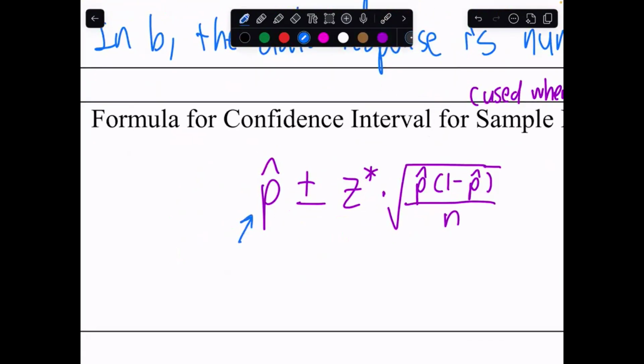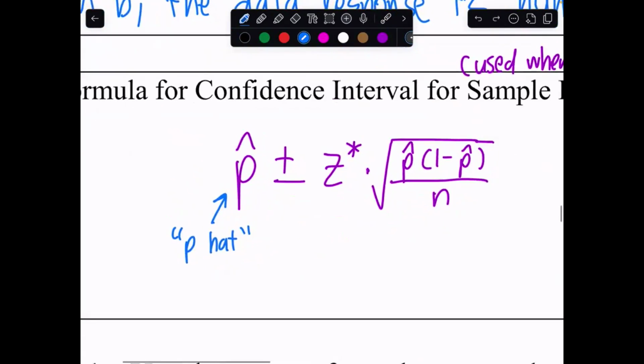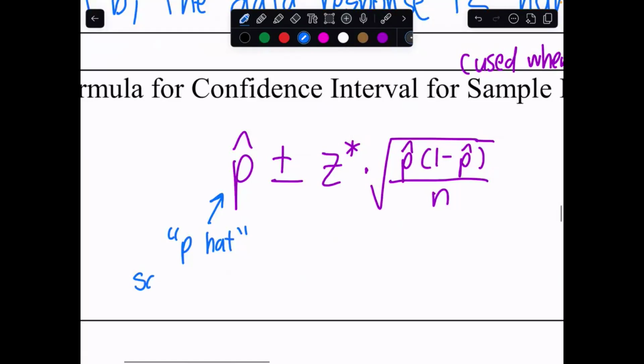Okay, so yeah, that P with a, yeah, it's kind of funny. P hat. So yeah, it looks like the letter P is wearing a little party hat, right? And this represents the sample proportion.